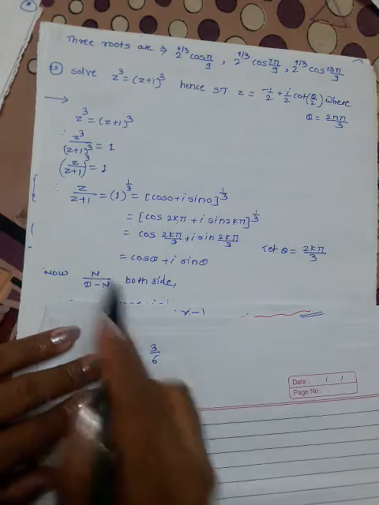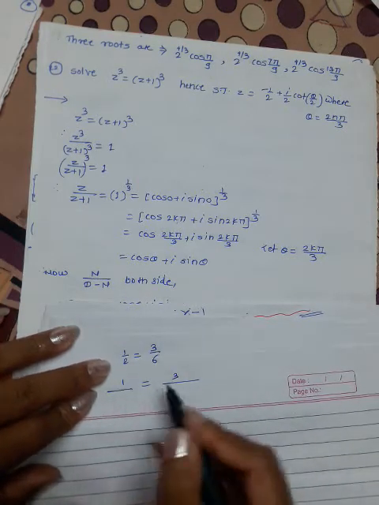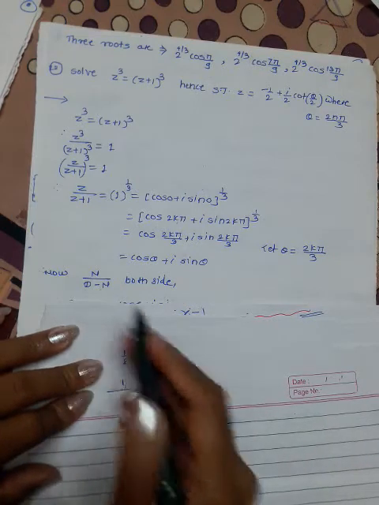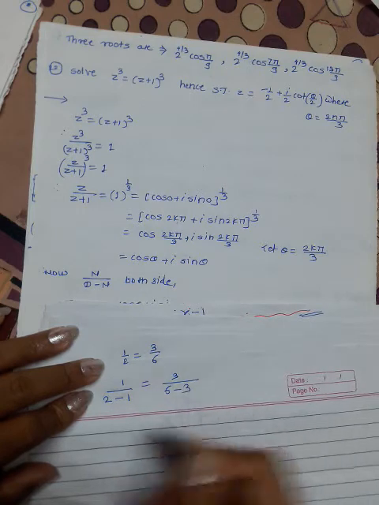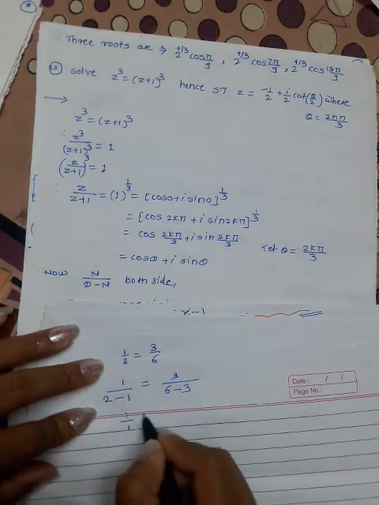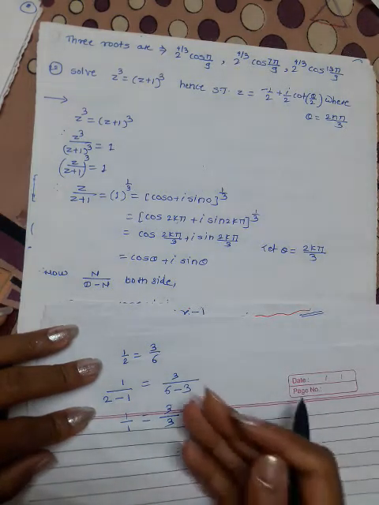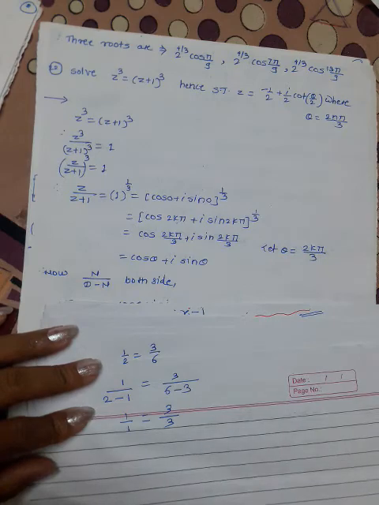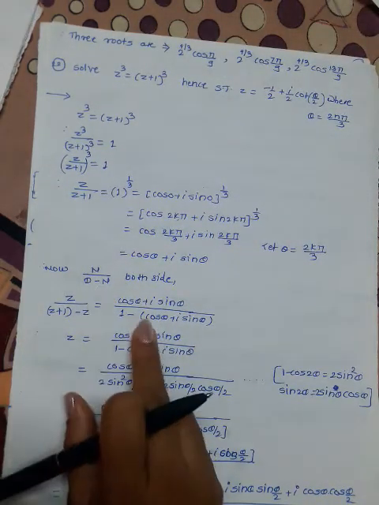The numerator is 1 on one side, 3 on the other, divided by denominator minus numerator: 2 minus 1 here, 6 minus 3. The answer should be the same or satisfy both sides. 1 upon 1 is equal to 3 upon 3, which is the same on both sides. That's why we can do this process on both sides like this.